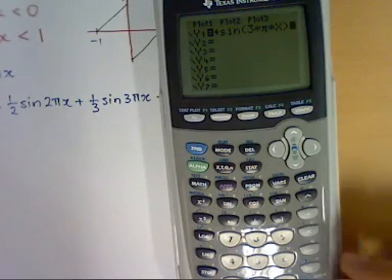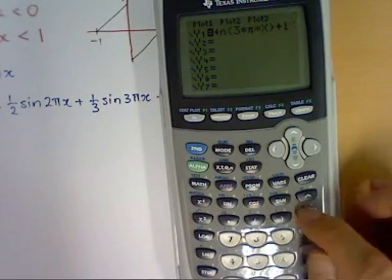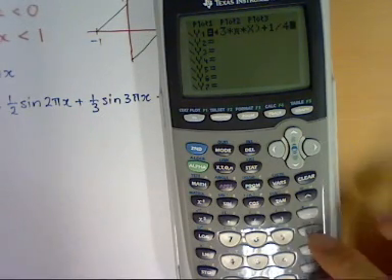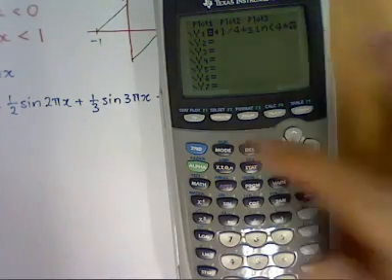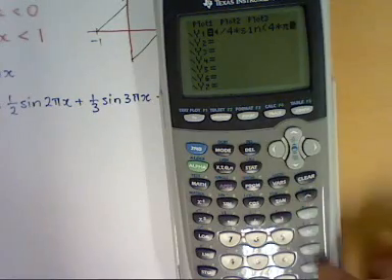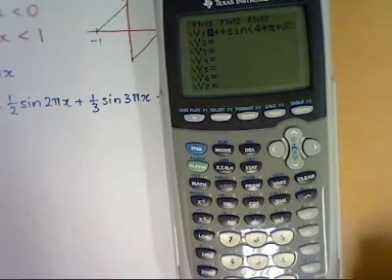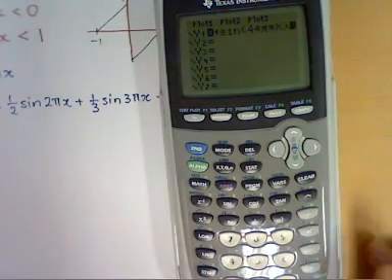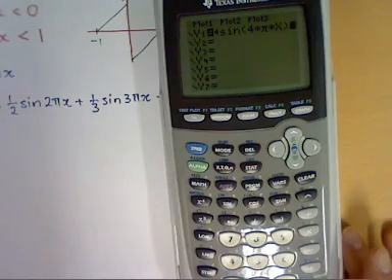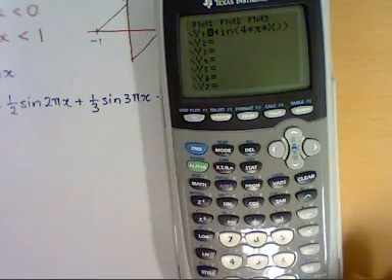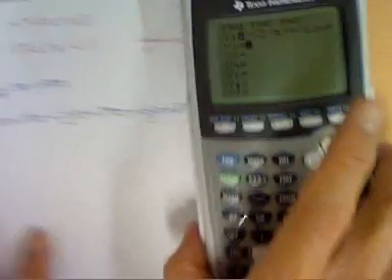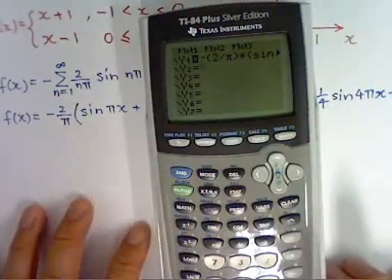Alright, and the next term, plus 1 divided by 4 times sine of 4 times pi times x. So that is the last term that we want in our expansion, and we have to close the last bracket. So now we have defined our y.